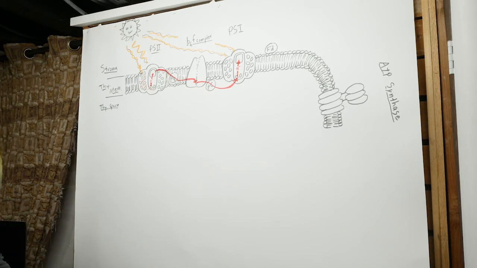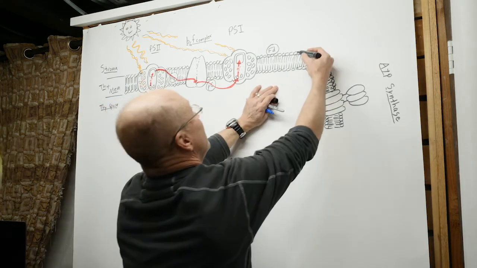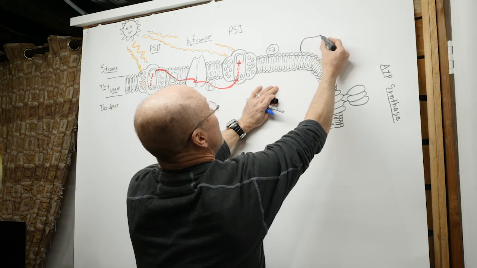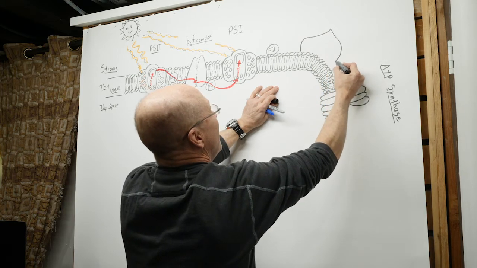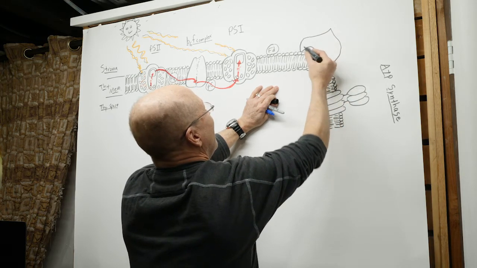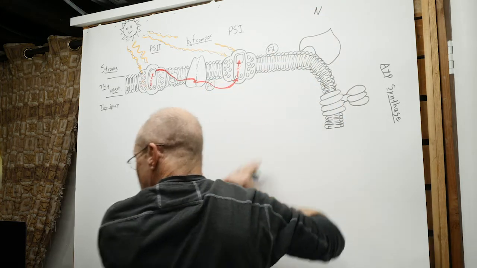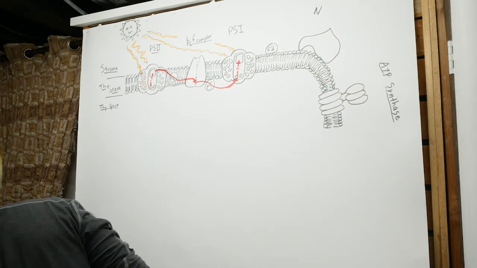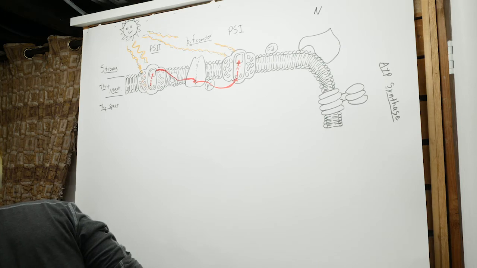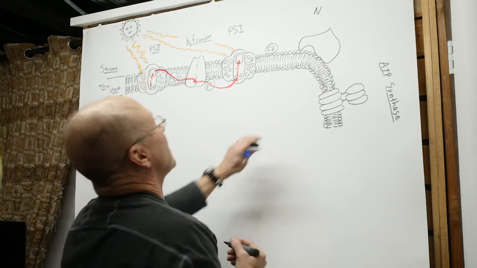A fifth arrow. I gotta draw one more thing here, by the way, in black. Gotta draw this guy sitting up here. It's a big Hershey's Kiss up here. This thing is going to be called N. You know this name. This is NADP reductase.